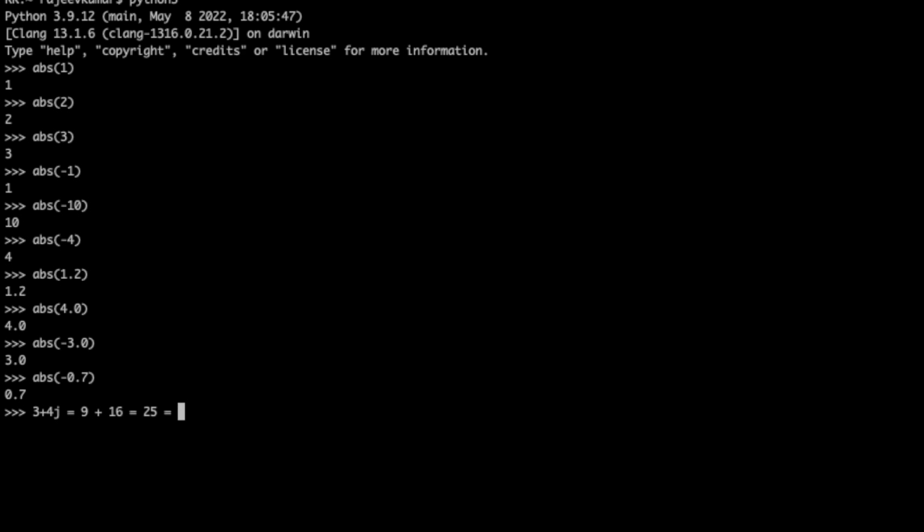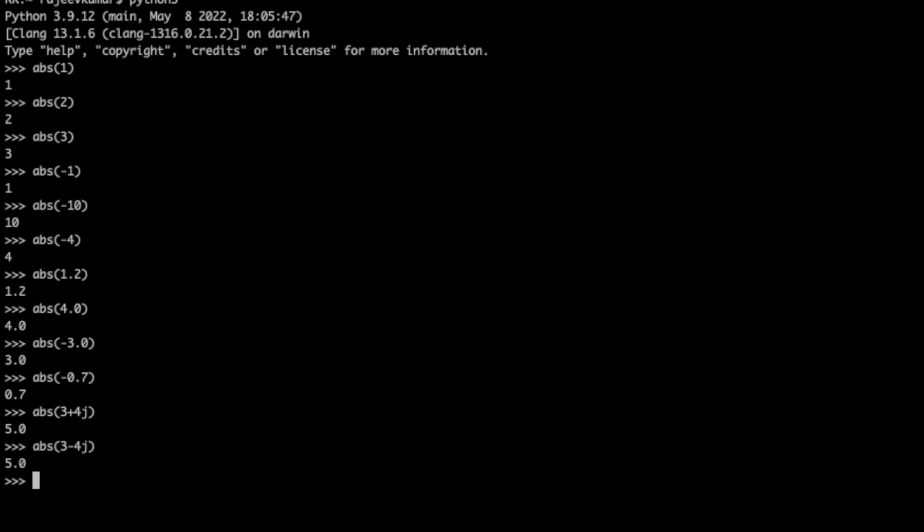The square root of 25 is 5, so the magnitude of 3 plus 4j is 5, so abs of 3 plus 4j is 5.0. Similarly, you can use it with abs of 3 minus 4j. Again it will be the square root of 25, so again it's 5.0.